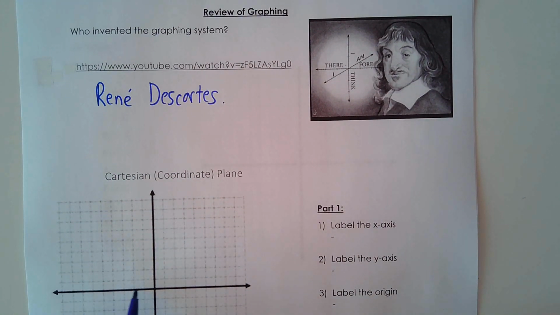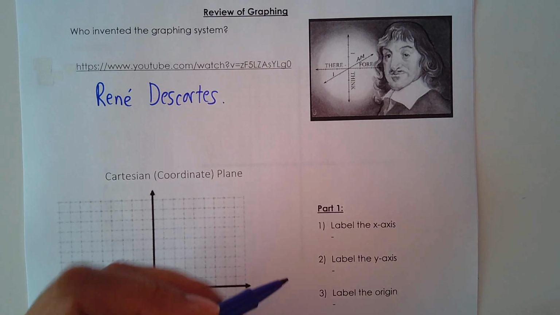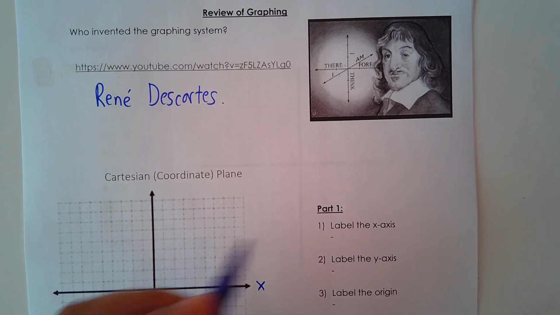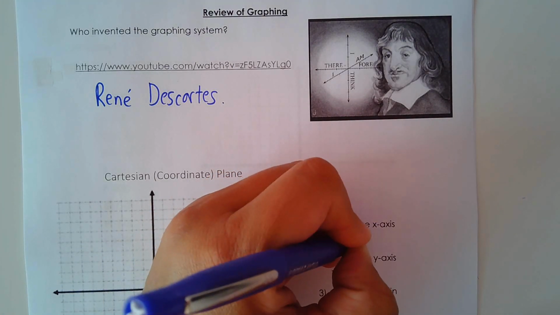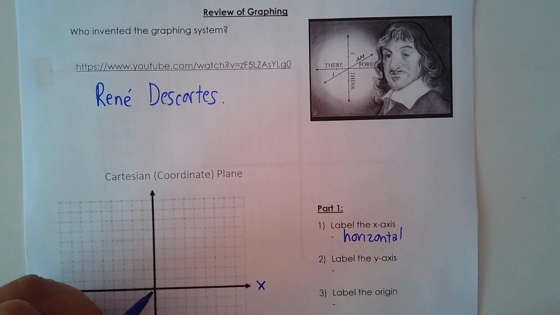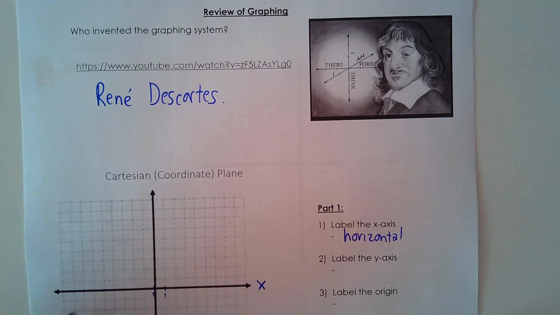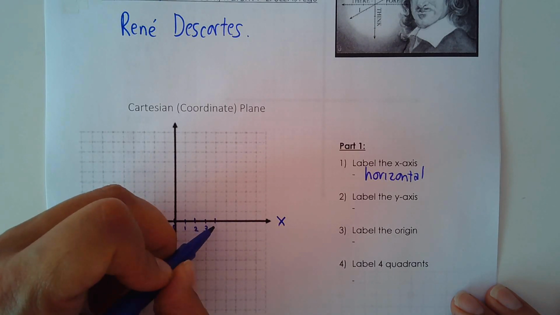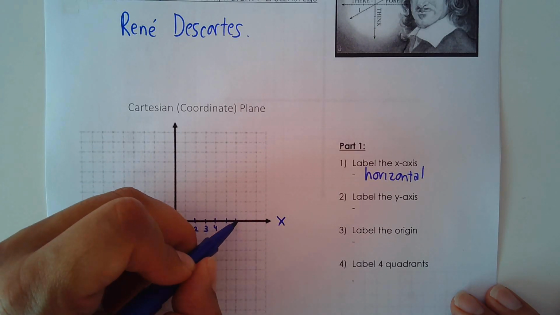So this axis, this line here, we refer to as the x-axis, and it is horizontal. And you can think of it as a number line. So if this was 0, this would be 1, 2, 3, 4, and so forth.